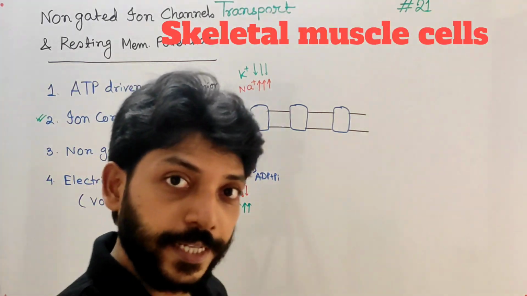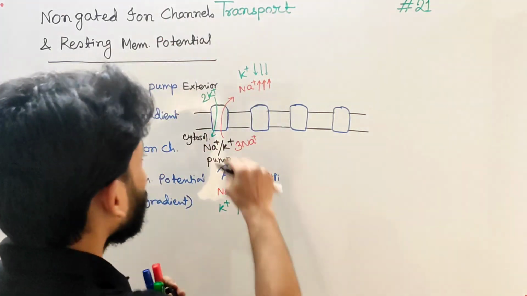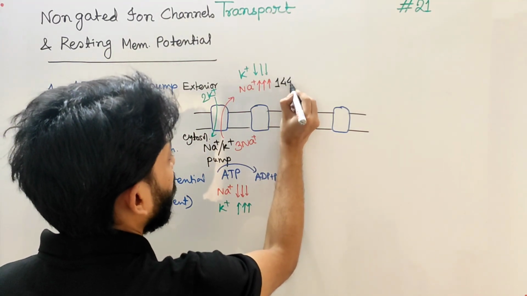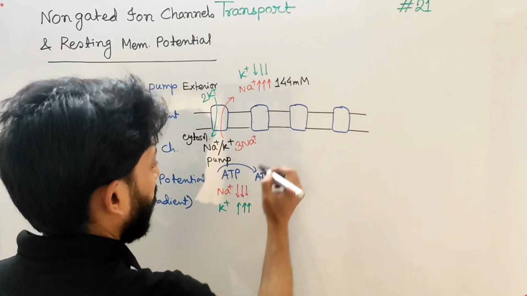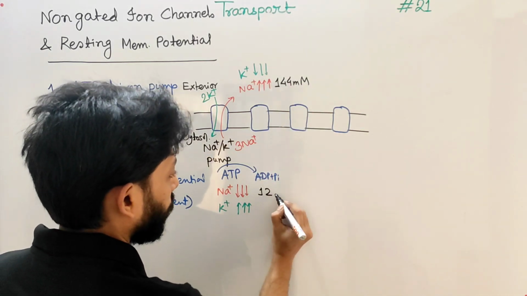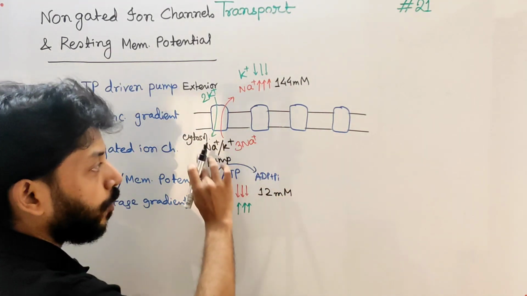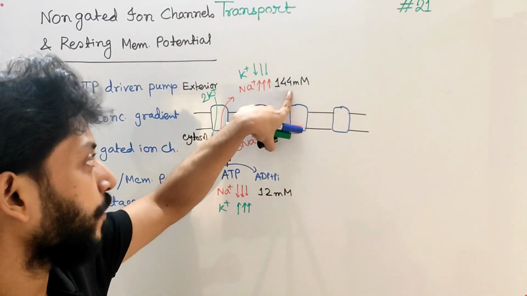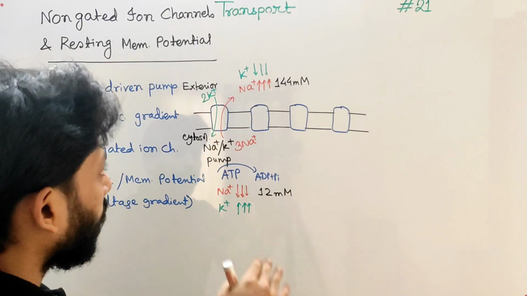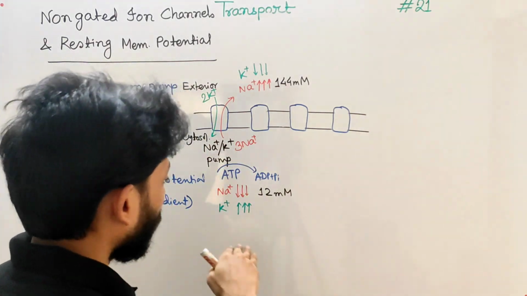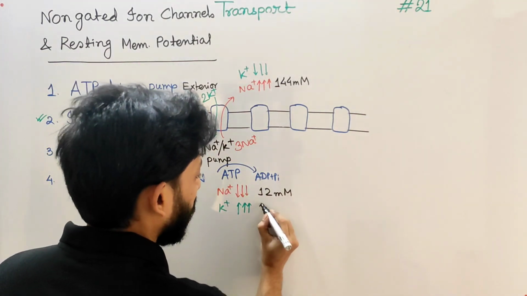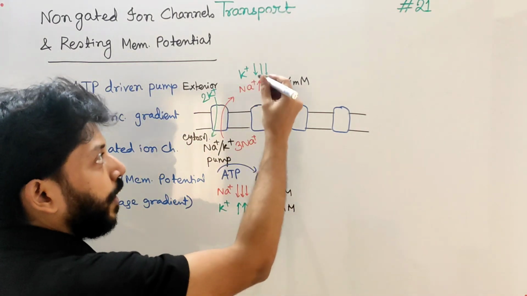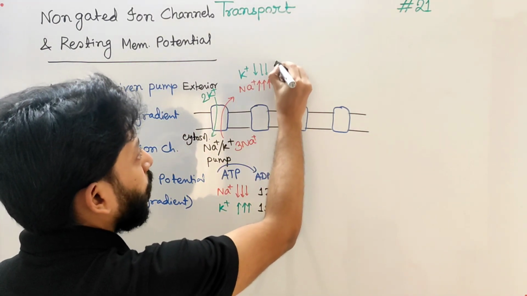In case of mammalian skeletal cells, the exterior sodium concentration is 144 millimolar and inside is 12 millimolar. By the working of the sodium potassium pump, as you can see, the outside sodium concentration is higher than the inside, and in the skeletal muscles the potassium concentration inside is 155 millimolar, but outside is just 5 millimolar.